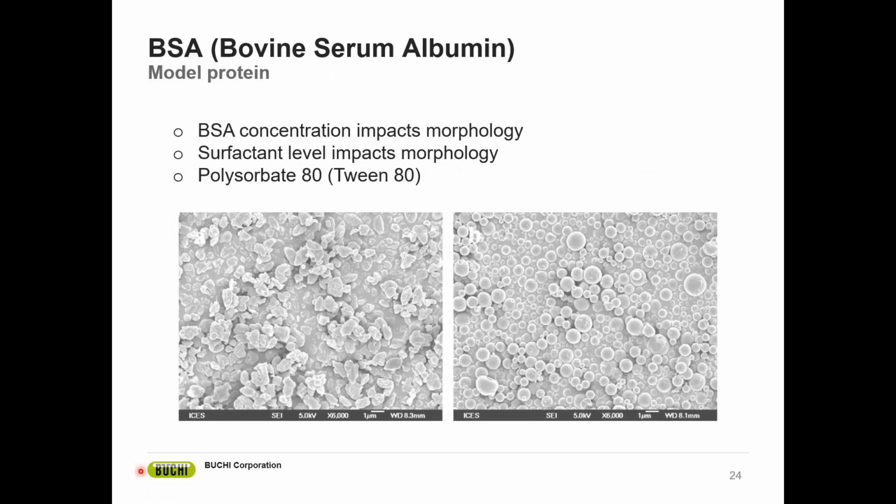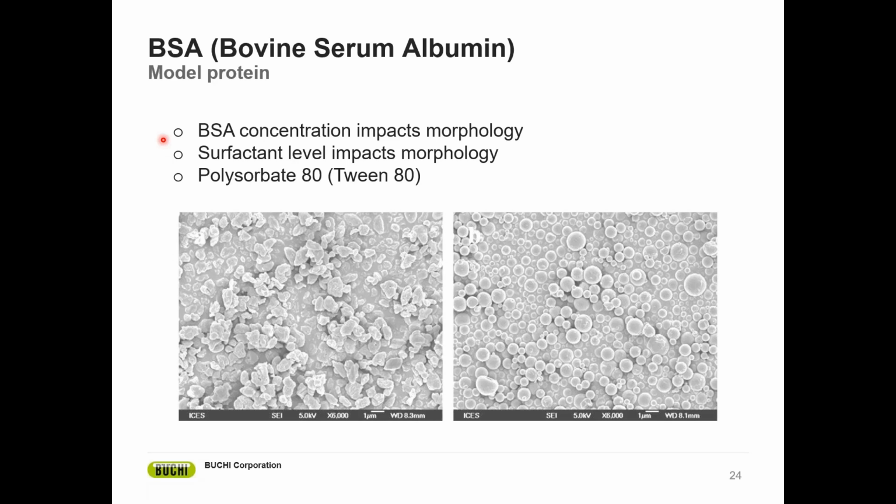Here's an example using BSA as a model protein. It works really nicely, and I think a lot of times if you have a new biopolymer or protein, you might want to use a model first before embarking upon a full study.